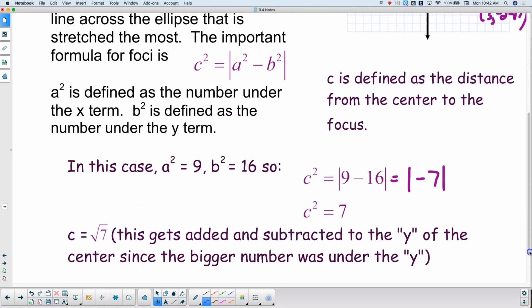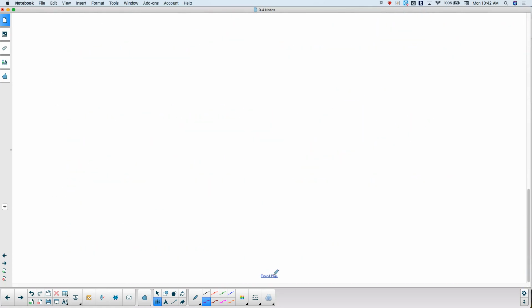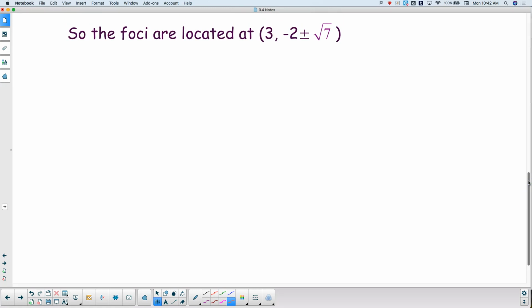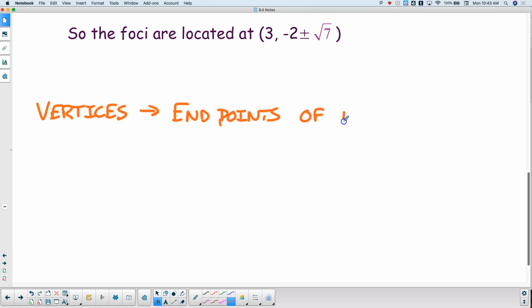And very, very, very lastly, the last thing we have is that an ellipse has not 1, but 2 vertexes, so we call them vertices. The vertices of an ellipse are the endpoints of the major axes.